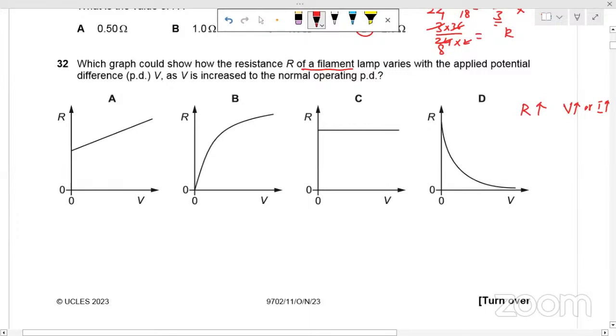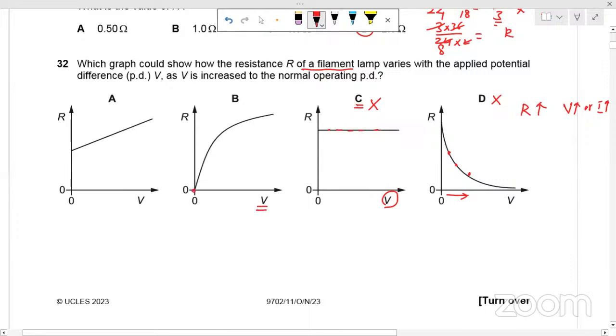Looking at these four graphs, in this case the resistance is constant as V is increased, so that is not possible. In this case, the resistance decreases as V is increased, so that is also not possible. In A and B, resistance increases as V is increased, but what is the difference?